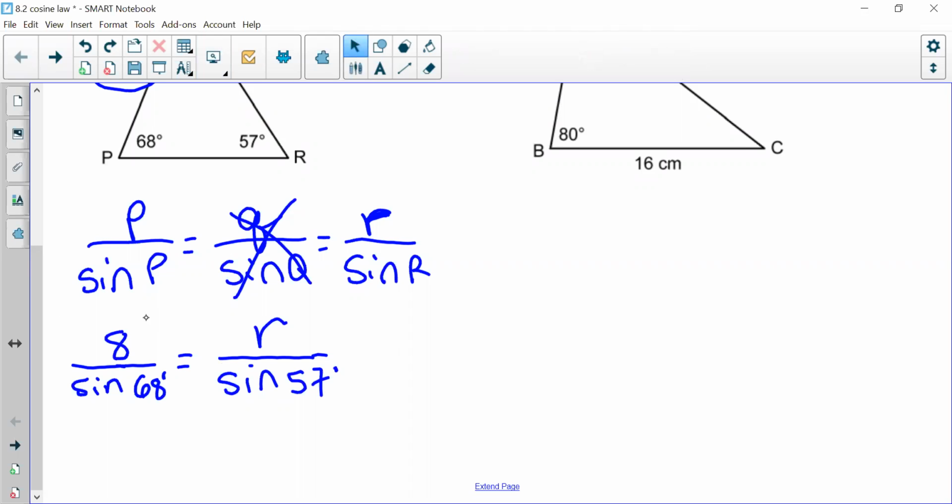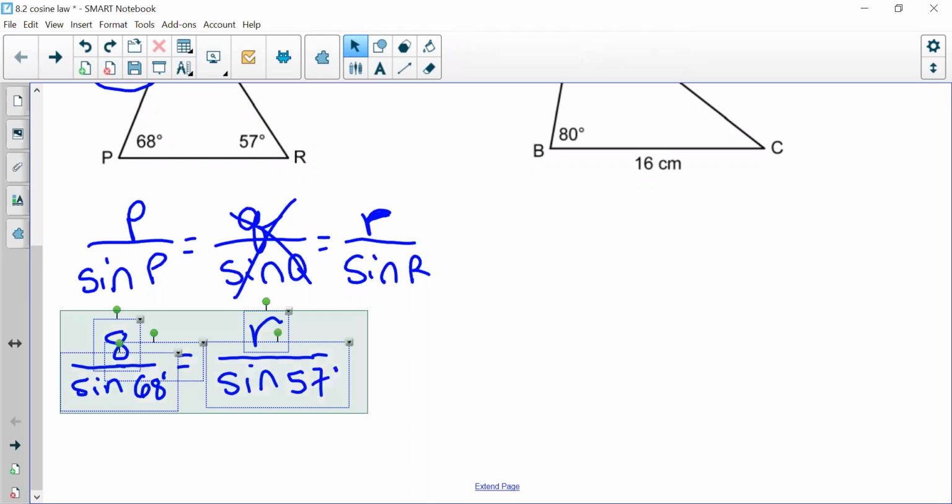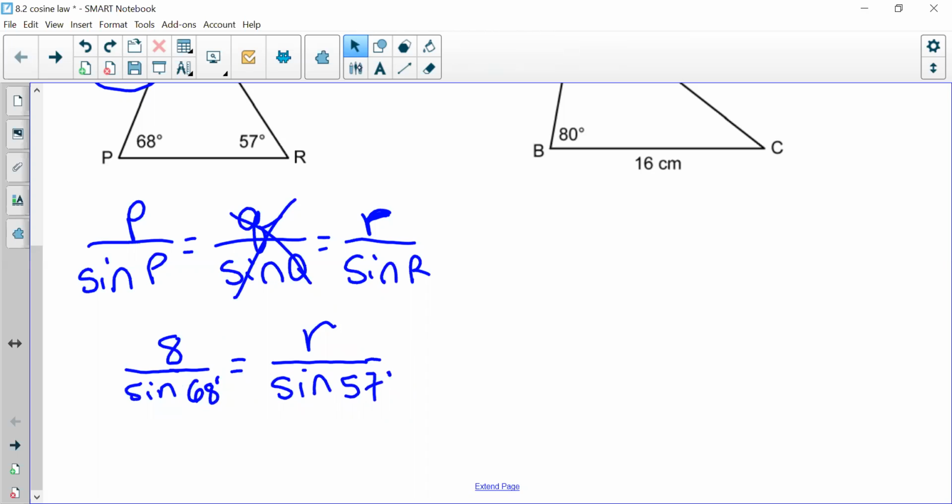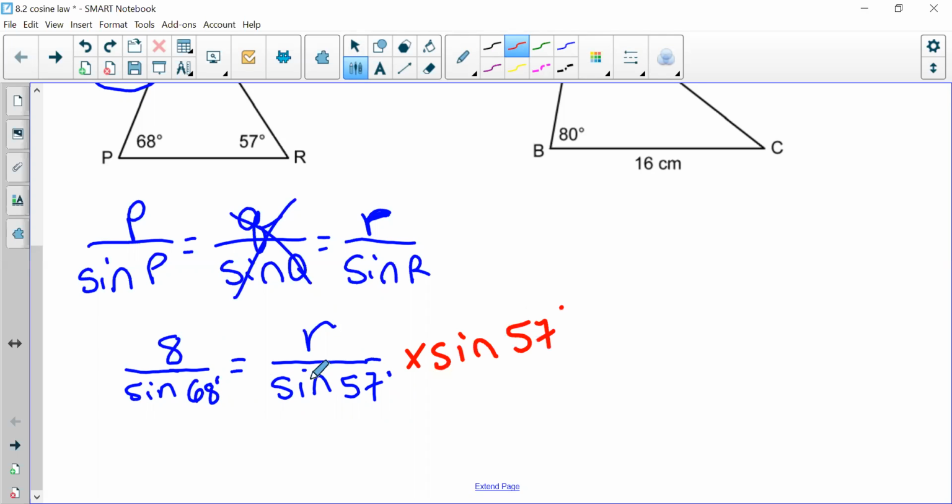How could I undo this division? Multiply it out. Good, multiply both sides by sine of 57. That will isolate R, because that cancels. What you do to one side, you have to do to the other. So I'm going to multiply by sine of 57 over here.